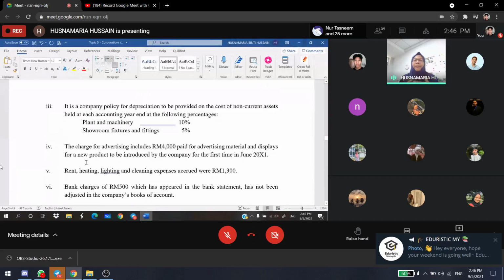Meaning you have paid already, but it is not going to be used now. It is going to be used later in June. Now we are in March. So what do we call this amount? Paid already, but not yet used, will be used later on.